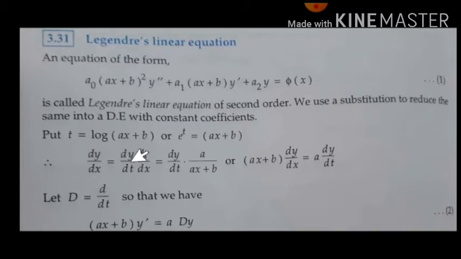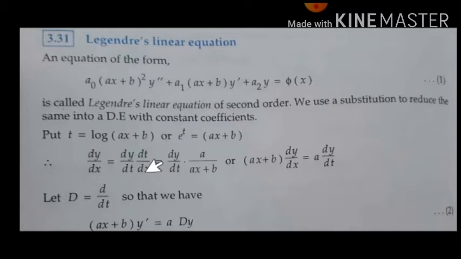So we write it as dy by dt. To compensate for dy by dx, dt should get cancelled, so I multiply it by dt by dx. We don't know any term of dy by dt, so let me write that term as it is, dy by dt. But dt by dx we know.